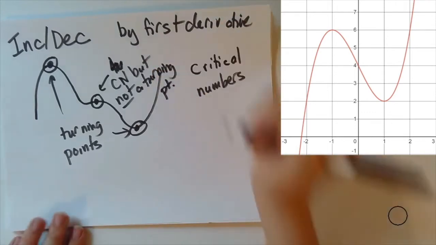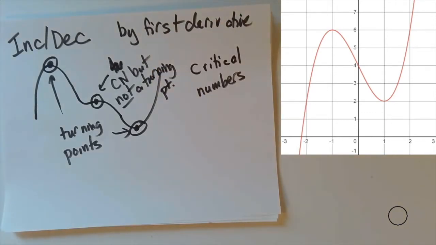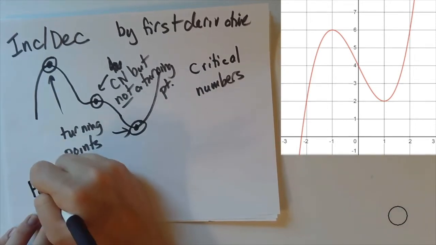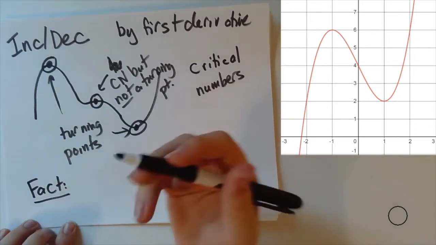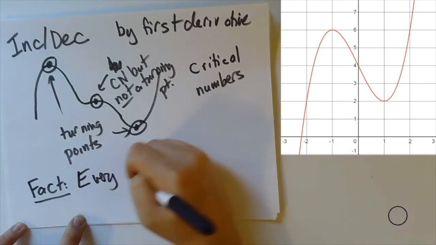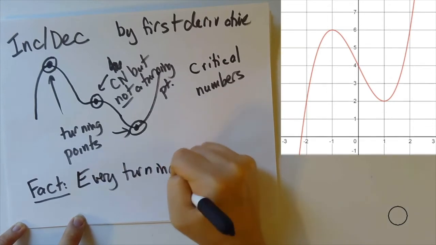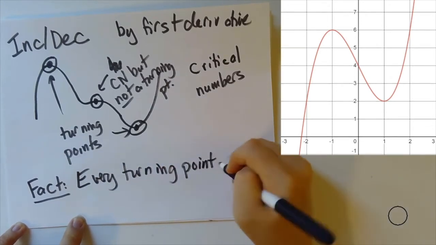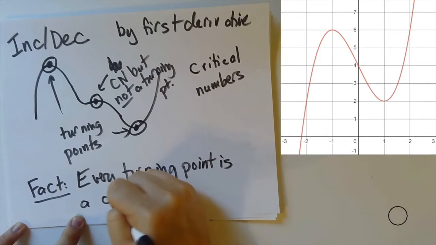Okay, so if our goal is to understand the shape of the graph at the end of the day, the thing we really care about is the turning points. That is, the places where the function changes from increasing to decreasing or decreasing to increasing. But the way we find those is that we use this fact that goes all the way back to 140, which basically says every turning point is a critical number.